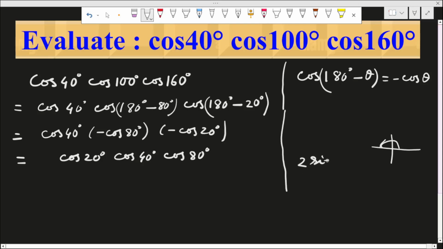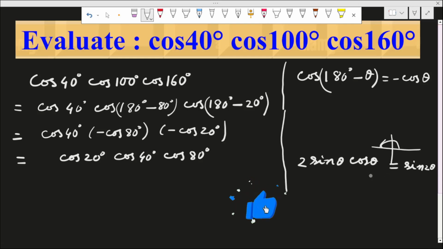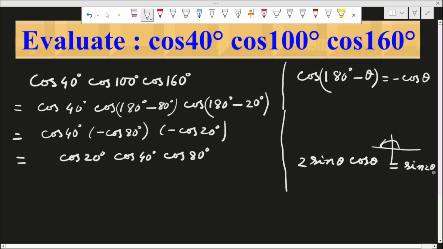2 sin theta cos theta is equal to sin 2 theta. Our formula is reversible. That means we can write sin 2 theta is equal to 2 sin theta cos theta. So if we have here 2 sin 20 degree cos 20 degree, this formula can be used, and it will be sin 40 degree.